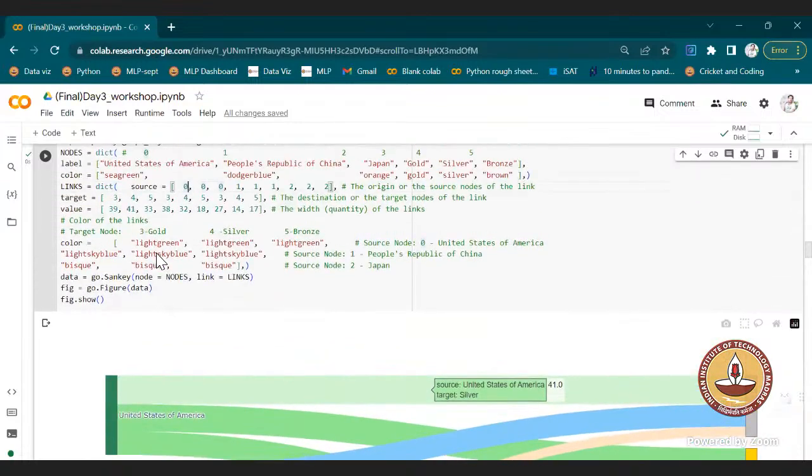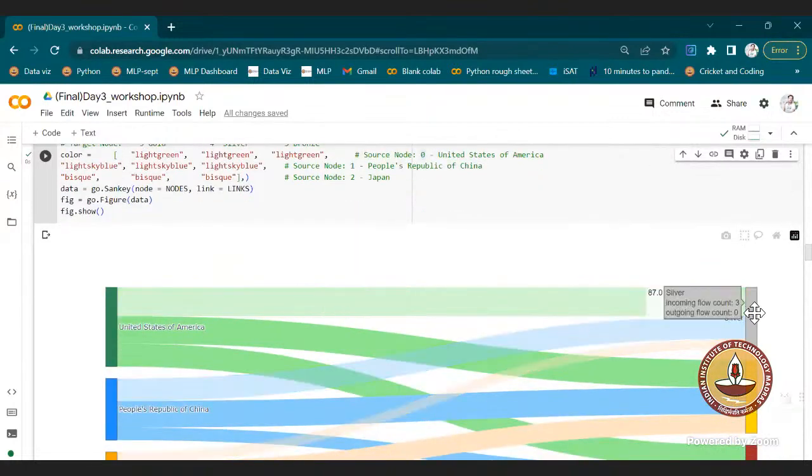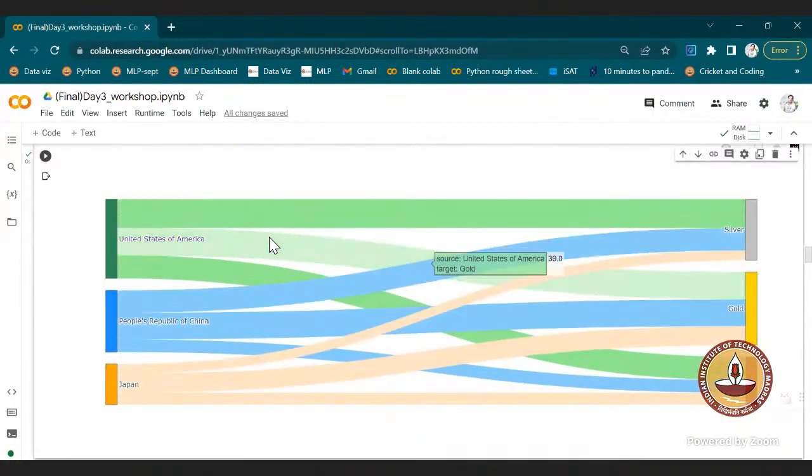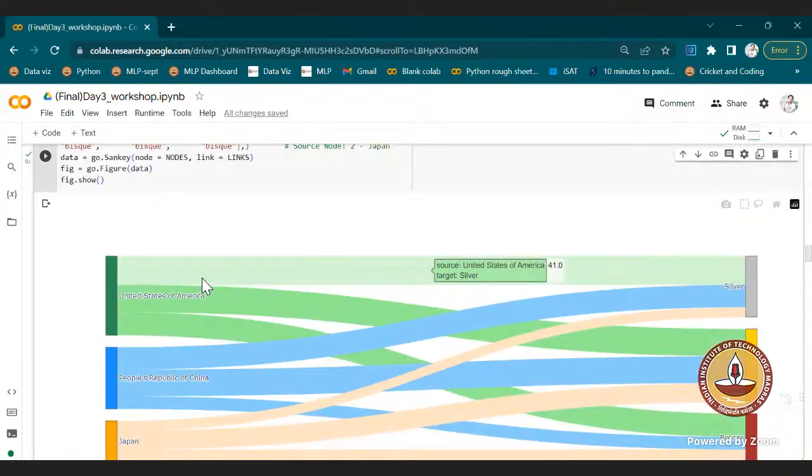The source is connected to the target. So basically it represents the connection between two different categories and the flow of energy. When you have to show the flow part, these types of shapes are helpful.